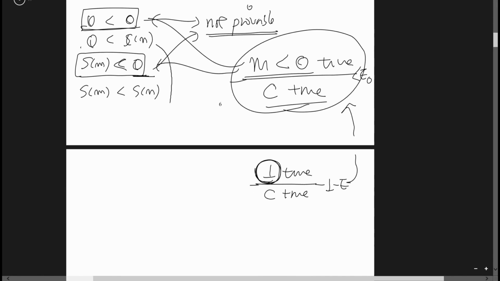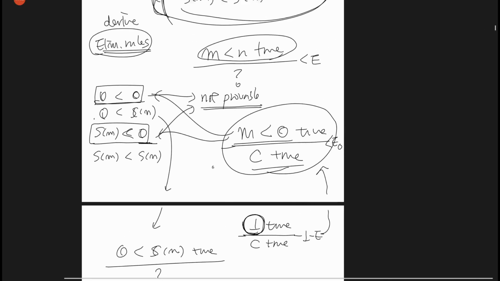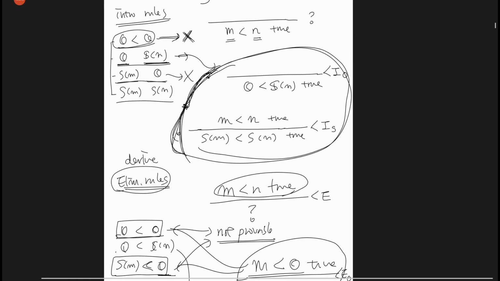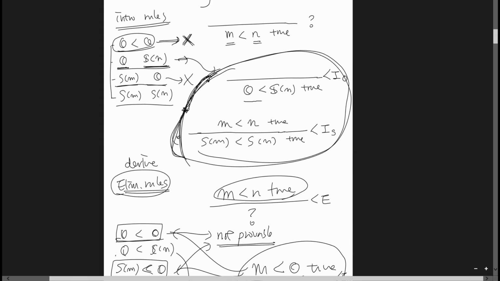Suppose that we have 0 less than successor n true. What can we extract out of this existing judgment? If we go back to the introduction rule, this judgment is precisely the conclusion of this rule. But this rule has no premise.